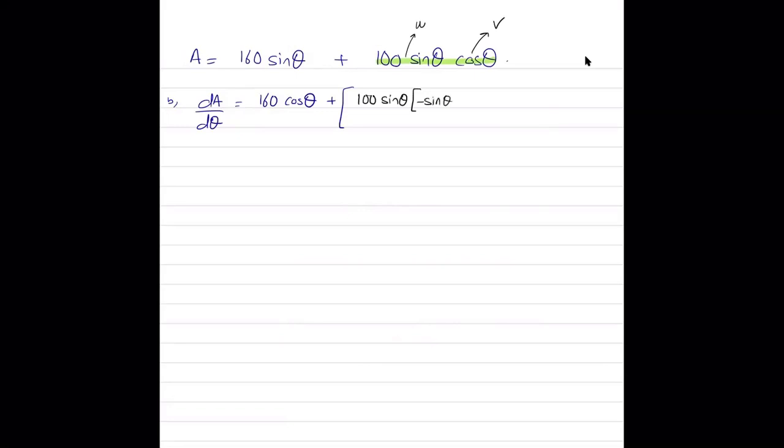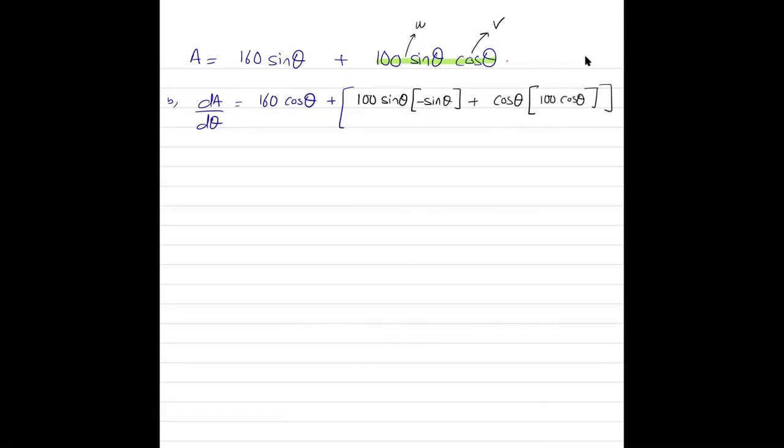Sir, wasn't differentiation of sine theta minus cos theta? No, differentiation of sine theta was cos theta. Integration of sine theta is minus cos theta. All right. Okay. So you are going to apply the product rule over here. The differentiation of 100 sine theta is going to be 100 cos theta.